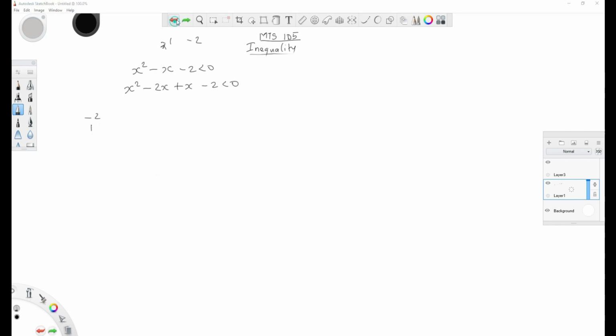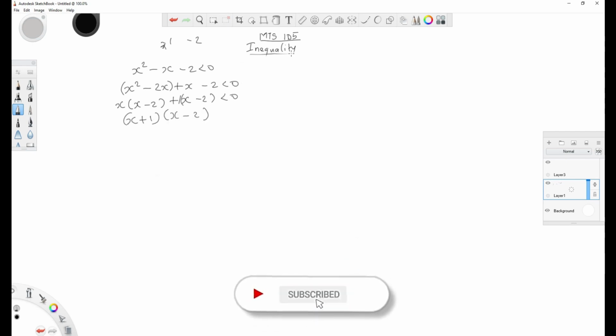So now let's further simplify this. x is common to these two terms, and x minus 2 is common to this place. So we have x minus 2 times x plus 1, less than 0.